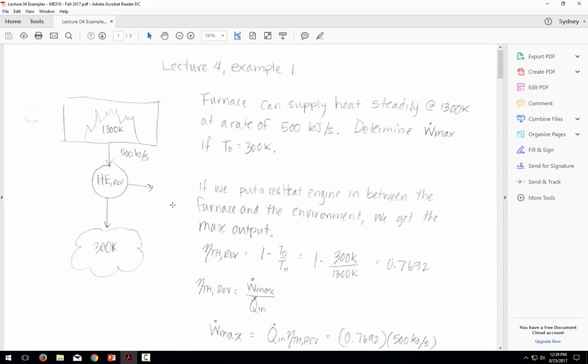So in order to extract any usable work from this furnace, we have to put a heat engine between it and the environment. So the furnace is at 1300 Kelvin and the environment is at 300 Kelvin. And we want to determine how much usable work this furnace can supply.